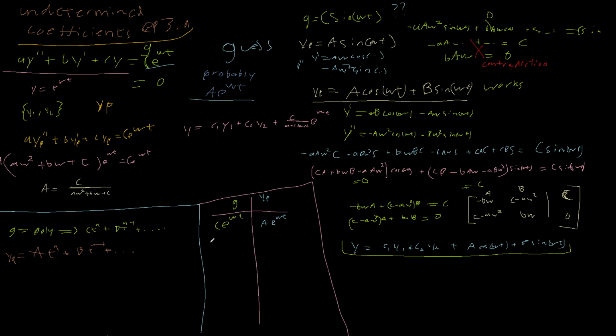If we have cosine, C cosine or C sine or some combination of these two, then we get A cosine plus B sine.